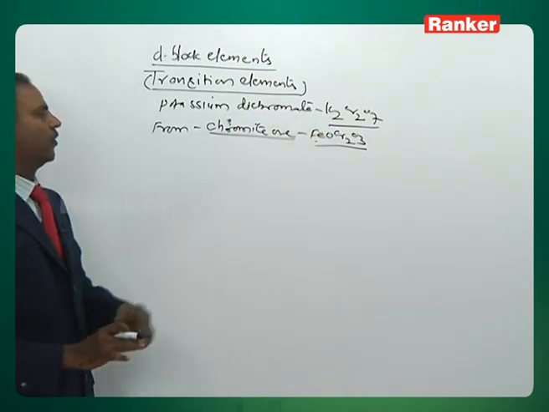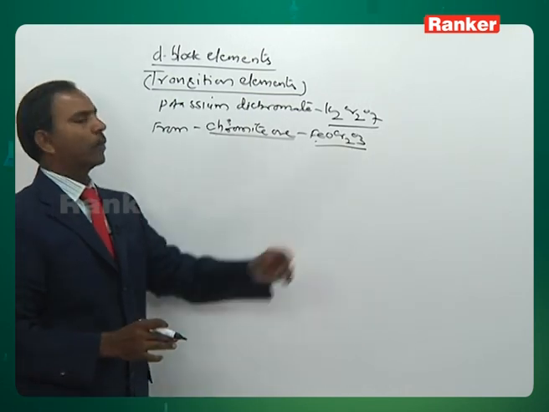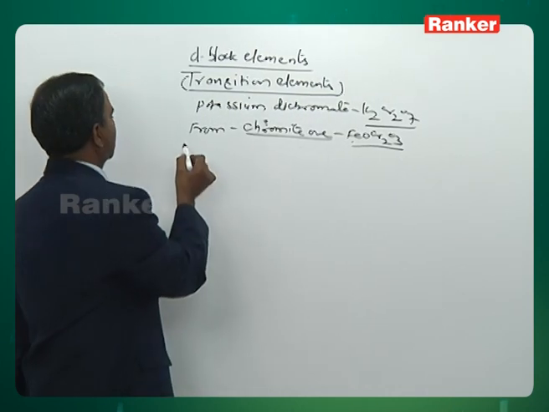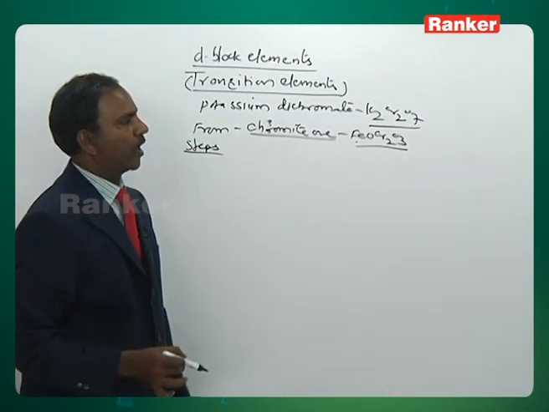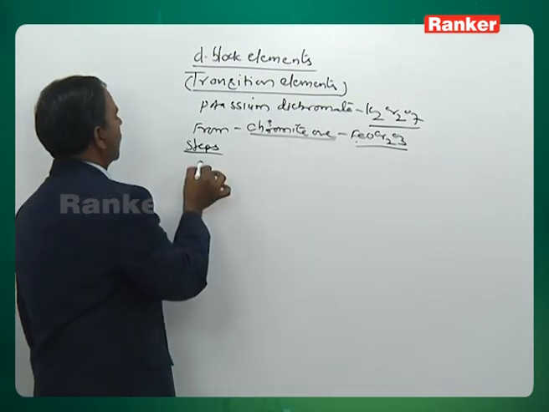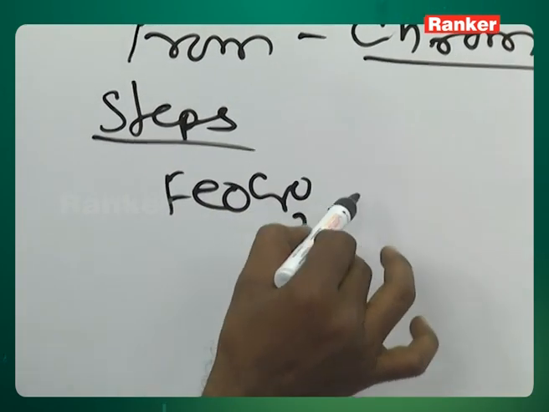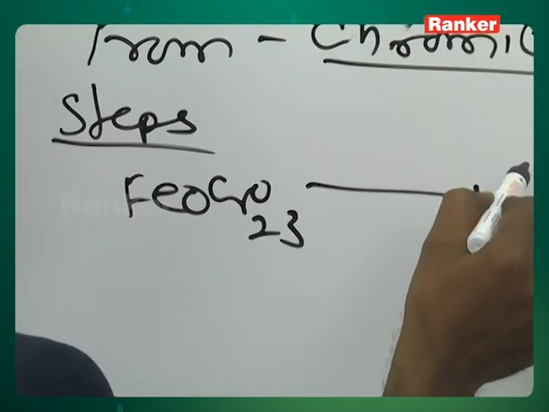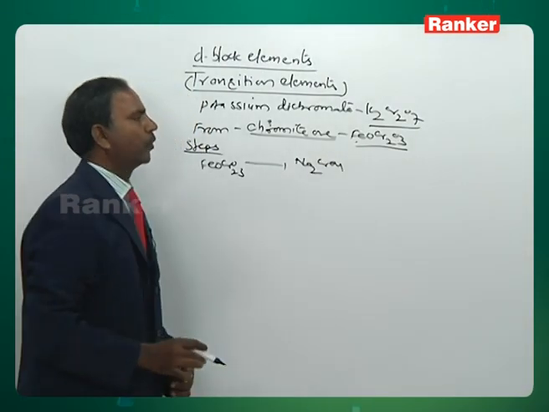Potassium dichromate from chromite can be prepared in 3 steps. Chromite, FeO.Cr2O3, in the first step is converted into sodium chromate, Na2CrO4.